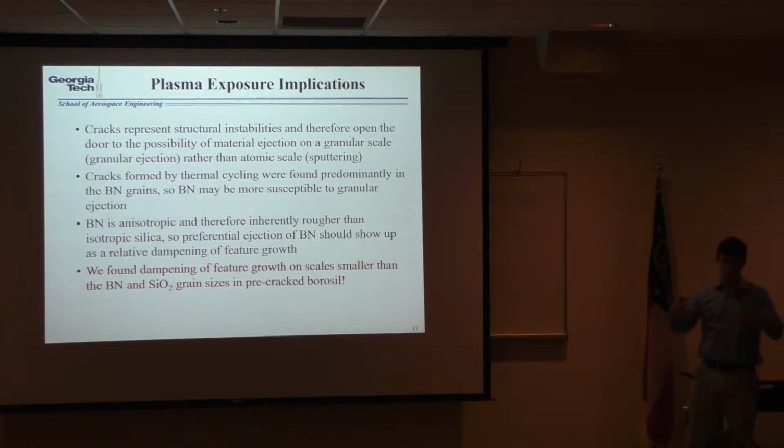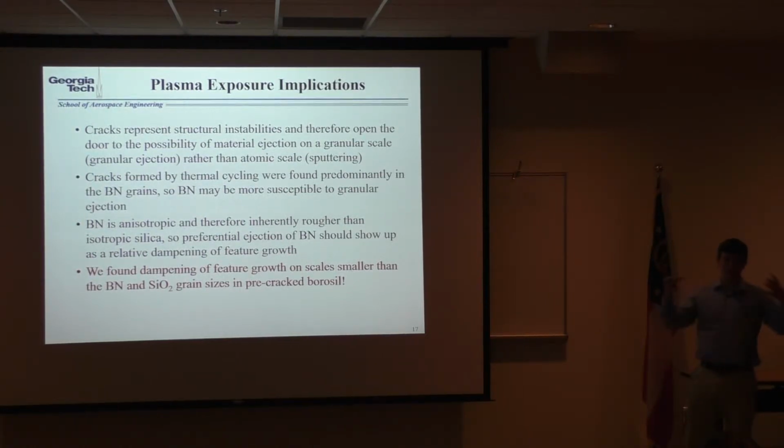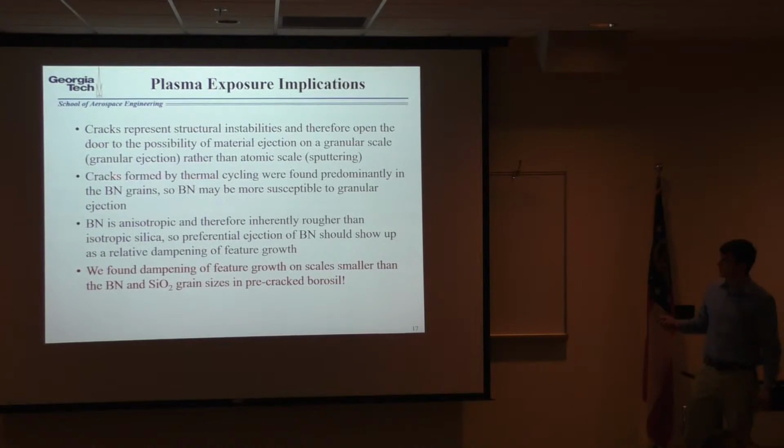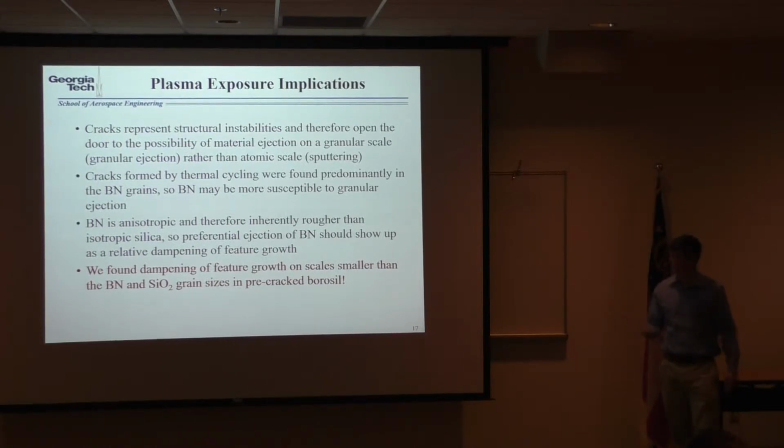So those boron nitride and silica grains that we saw could potentially be lifted off the surface in chunks as opposed to at the atomic level. And we found cracks predominantly in the boron nitride grains, which means the boron nitride might be more susceptible to granular ejection.